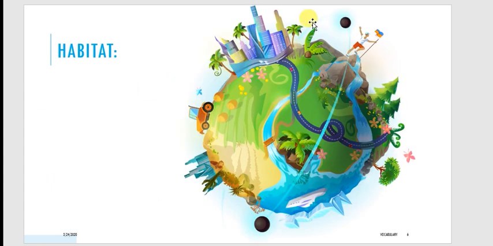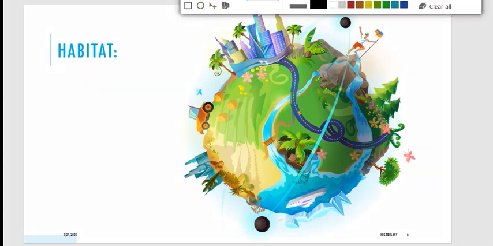So this is a cute illustration of different habitats. As you can see here, we have a habitat for human beings. Here we have a habitat for maybe the camels. This is the desert: camels or scorpions, even snakes.